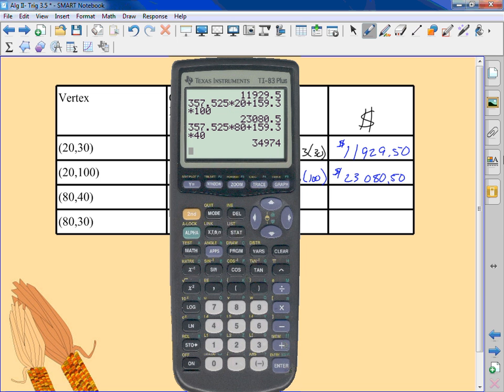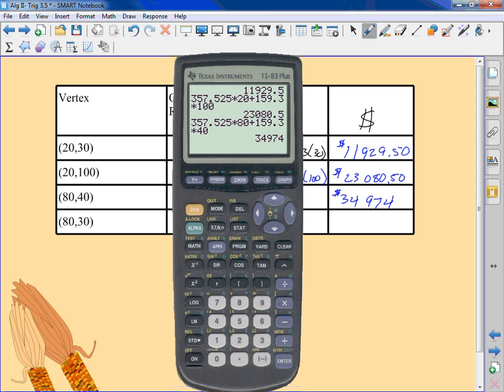Farmer Smith made $34,974. For this last one, I'm going to change it. 80 is fine, but I need to change the 40 to a 30.